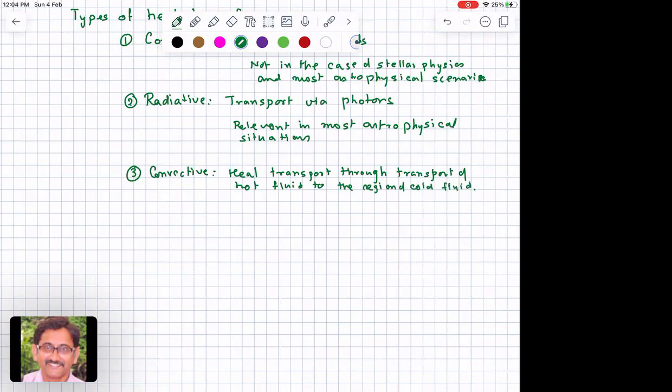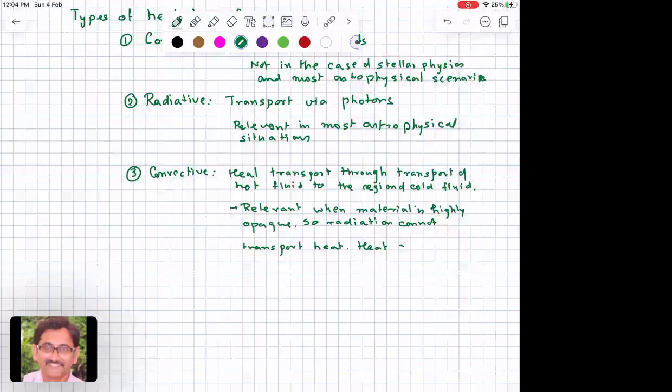Okay. Now, when does it happen? Relevant when the material is highly opaque. So radiation cannot transport heat.